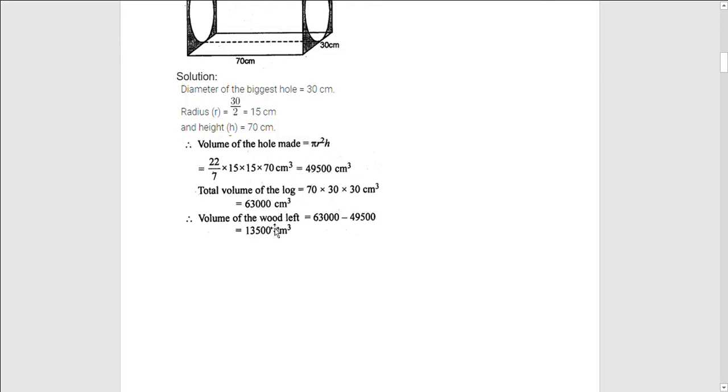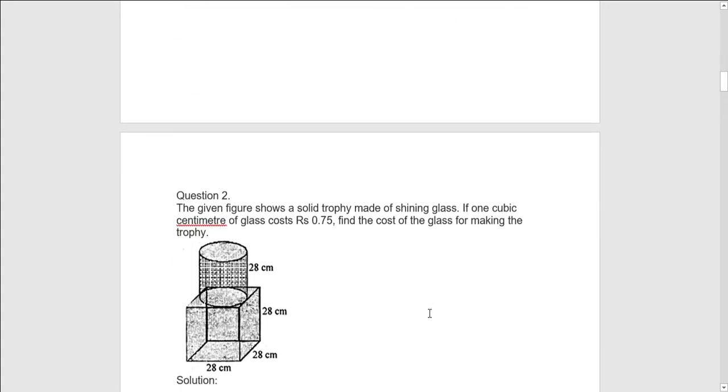So volume of the wood left is volume of cuboid minus volume of cylinder. Understood? So again I am asking you to do all the calculation on the right side in the register itself.